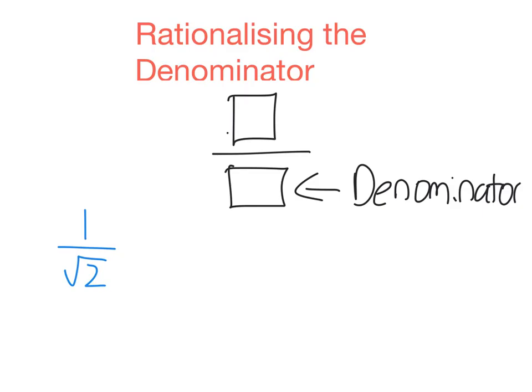So what we're going to do is we are going to find an equivalent fraction. So we're not changing the number. And that equivalent fraction is going to have a rational denominator. So think back to year 7, taking you in a time machine again, when we looked at equivalent fractions.